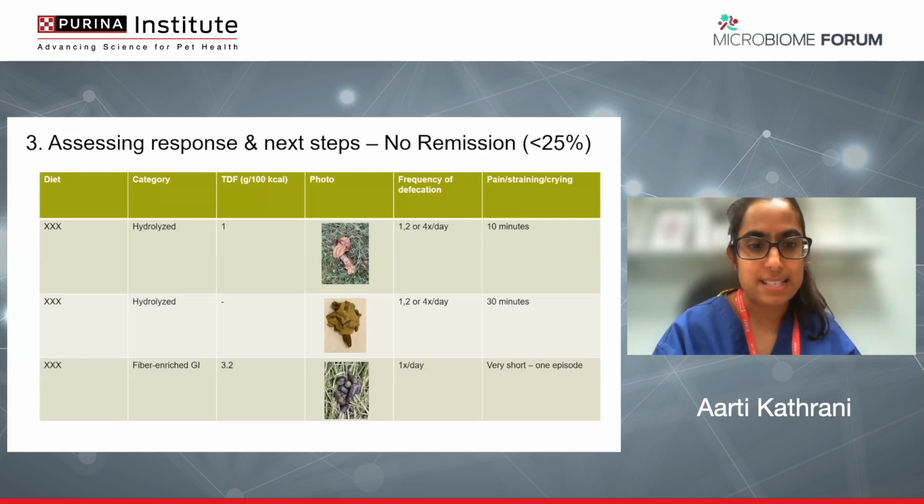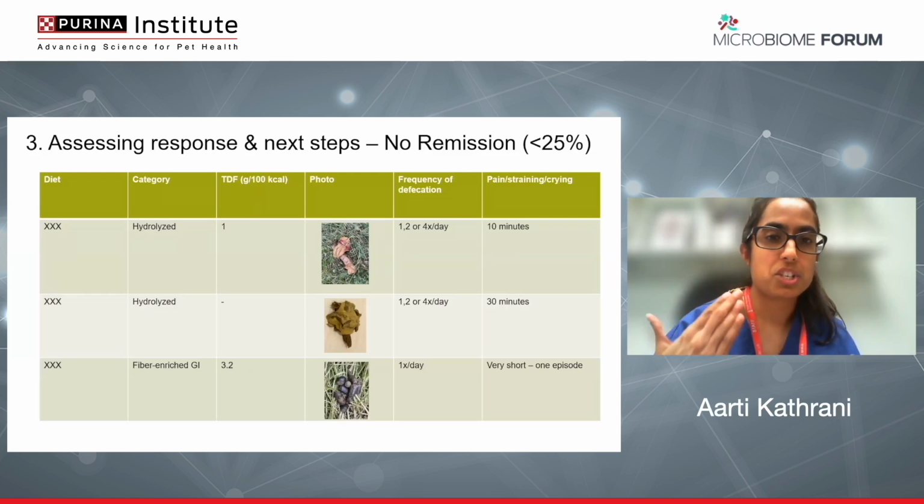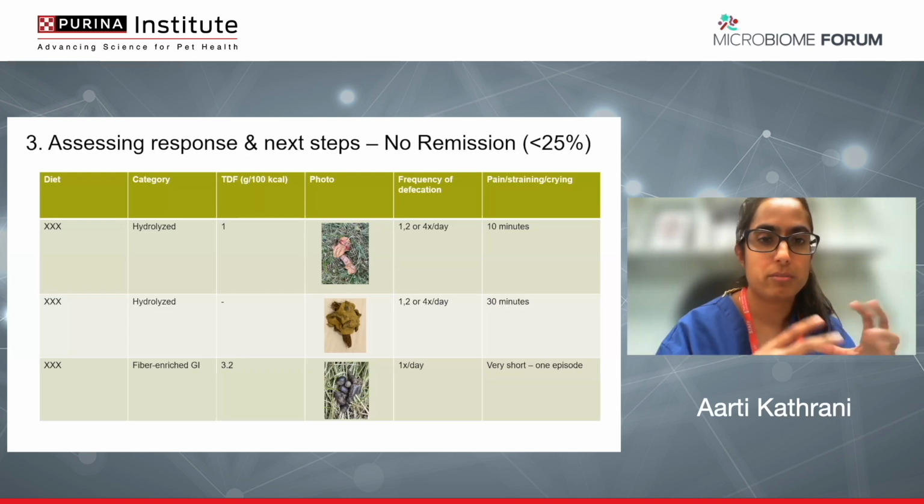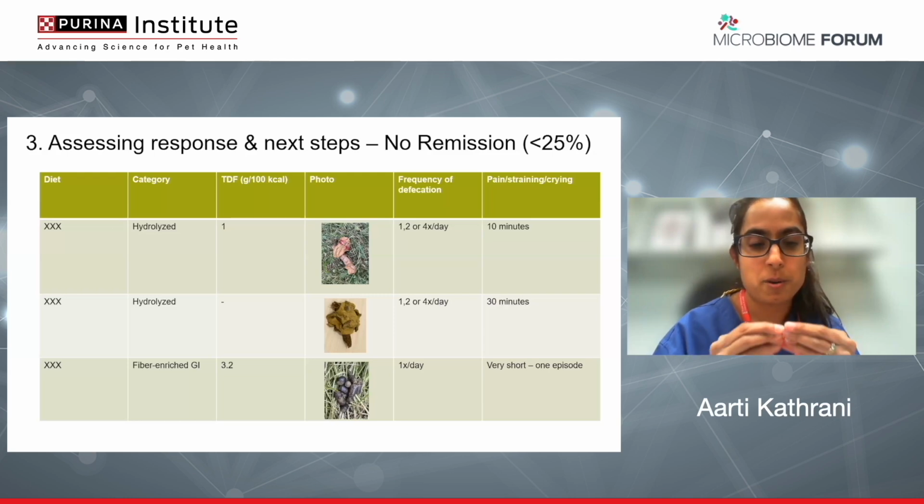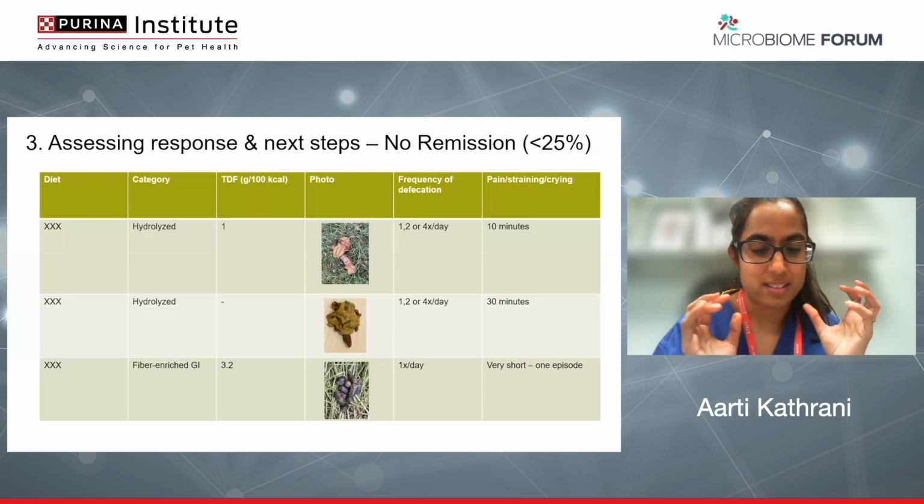What I think really helps is using a table and listing different characteristics. Each case is going to be different, but for this cat, it was the frequency of defecation. This cat had pain and straining cries, so those were important for this case. And in listing the categories, you might want to list ingredients, fat content, total dietary fiber. I always say a photo is really nice. A photo paints 1,000 words.